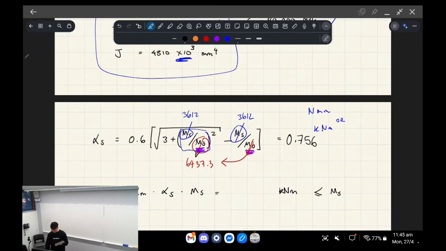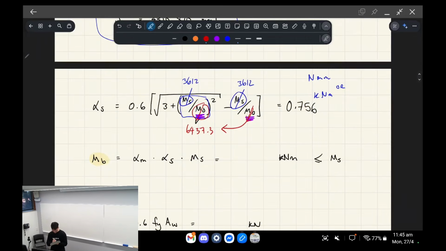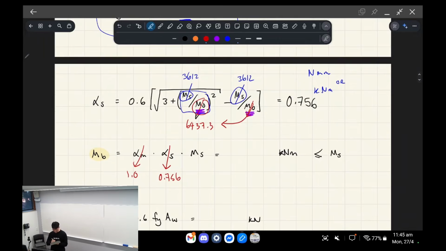That's what we were looking for, so now we can just plug it in. We're going to reduce about 25% of the capacity because of the slenderness. Ms was 3,612, and Mb is 2,729.73. You just have to double check that this is less than the section capacity.